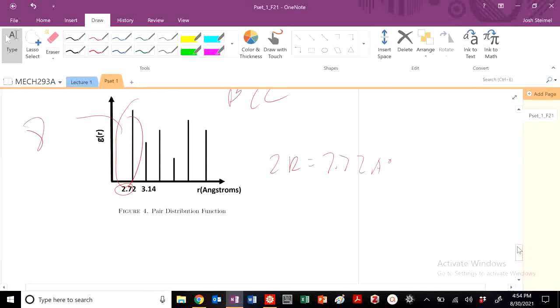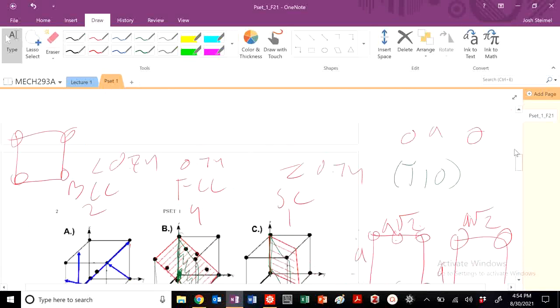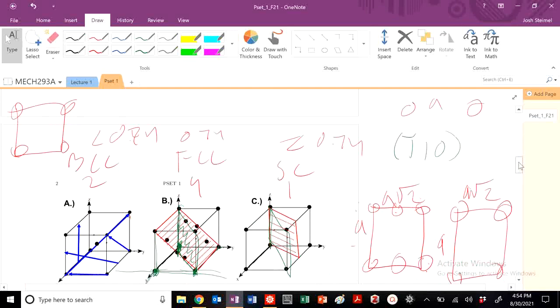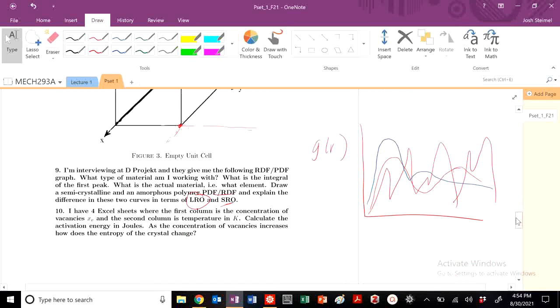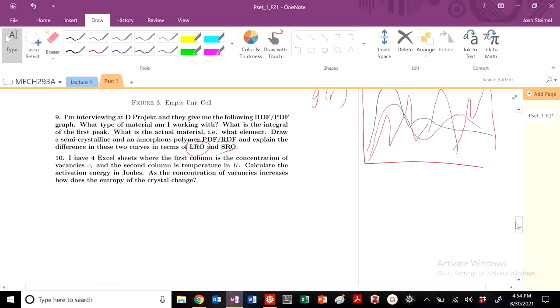Great. Now, the last question is basically saying that we're given these files. So we have 4 Excel files, and we have the concentration of vacancies, and we know that we have an expression, XV equals exponential minus QA divided by KT, and that's essentially our concentration of vacancies.